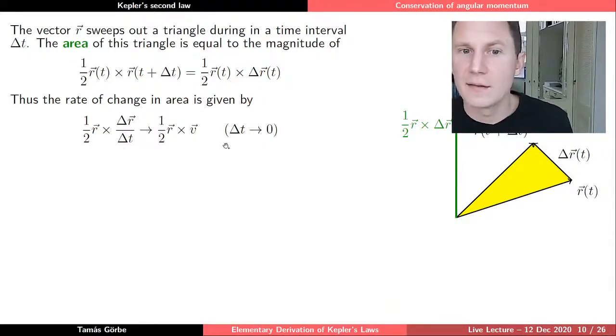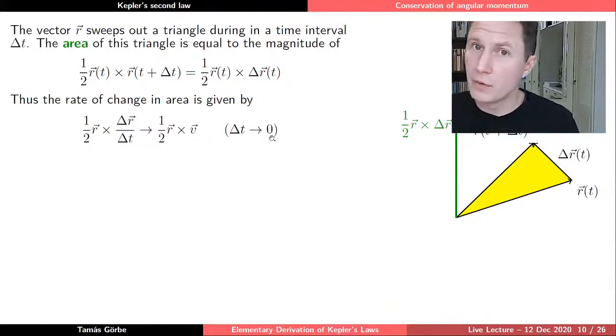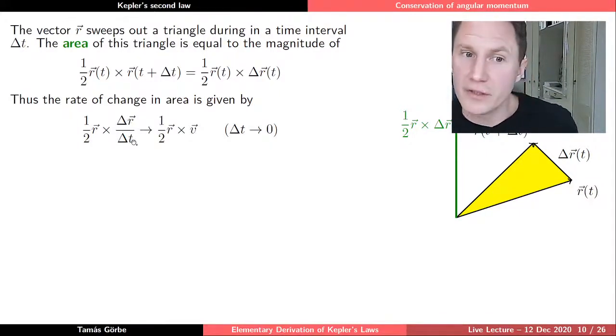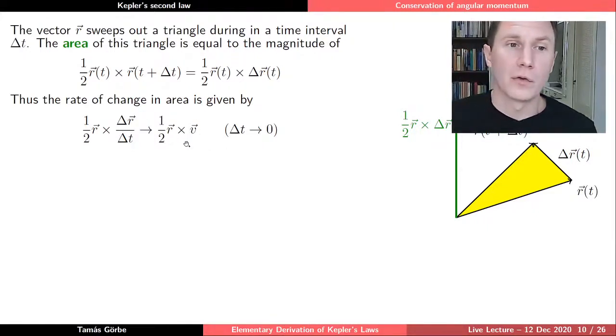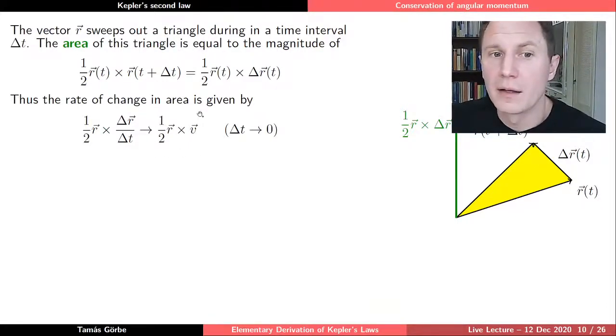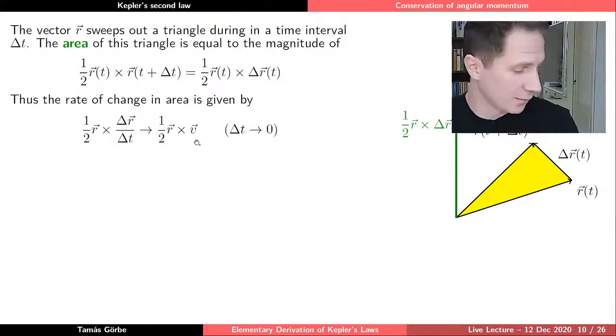And if you take delta t to 0, considering shorter and shorter time intervals, this displacement over time is going to tend to the velocity vector. So the rate of change in area is given by the magnitude of 1/2 times the position vector cross multiplied with the velocity vector.